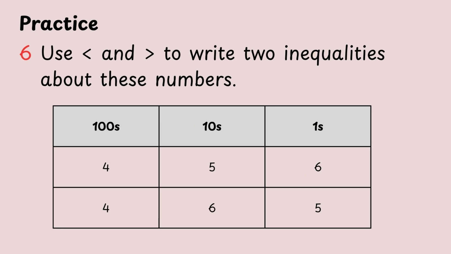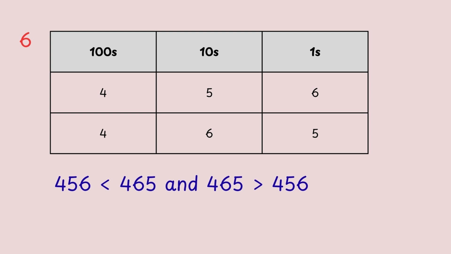The first number has 5 tens, but the second number has 6 tens. Since 6 tens is bigger than 5 tens, we already know that 465 is the greater number. So we can write 456 less than 465 and 465 greater than 456.